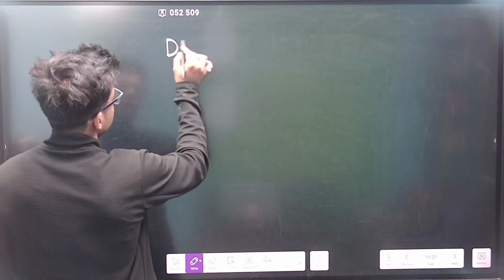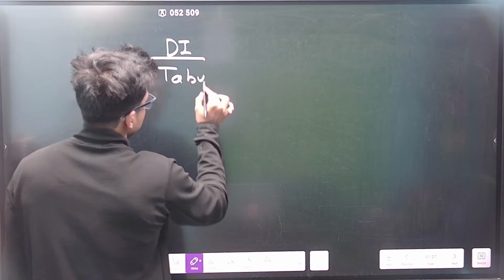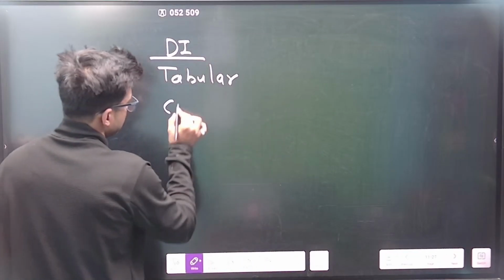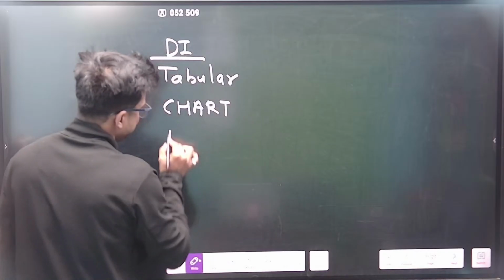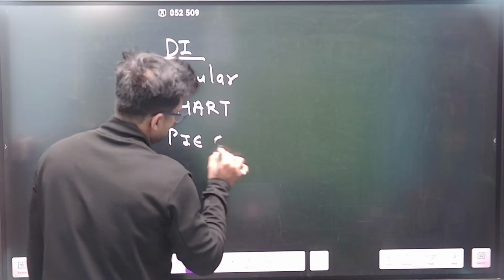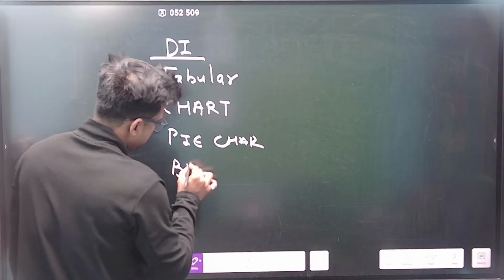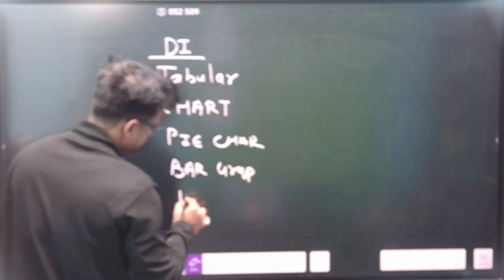First, in data interpretation, in DI, we go for tabular. Then we go for chart. Then we go for pie chart. Then we go for bar graph. Then we go for line chart.